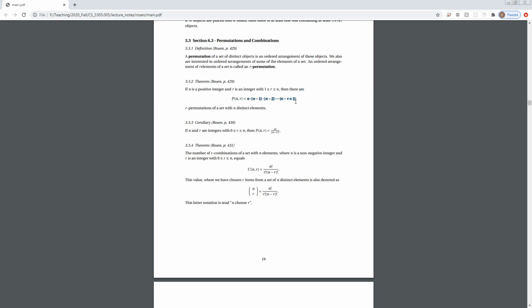So that's where this formula comes from. It's just another version of what we saw last time, but now it has a new name. In addition to being the product rule applied to some scenario, it's now called an R permutation.